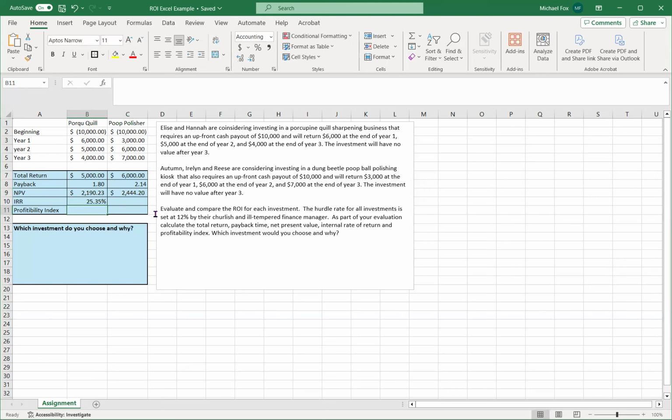All right, so our internal rate of return is 25.35% for the porcupine quill, and 23.96% for the polisher. So on our internal rate of return, it's a little bit less, which is interesting, right? Because it came out with a higher net present value.